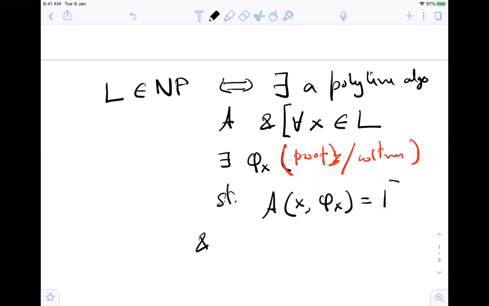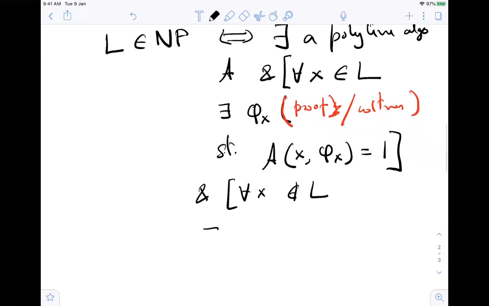If X is in L, then there is a proof, and if X is not in L, there doesn't exist any phi of X, or I should write it differently: for all y, A of X, y equals 0.